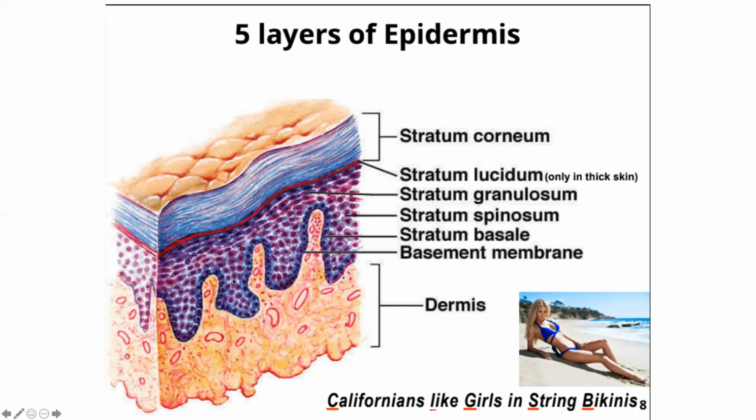Therefore, we call it stratified squamous epithelium, and the outermost has keratin. And these are the 5 layers. After the basement membrane: stratum basale, spinosum, granulosum, lucidum, and the outermost is corneum.